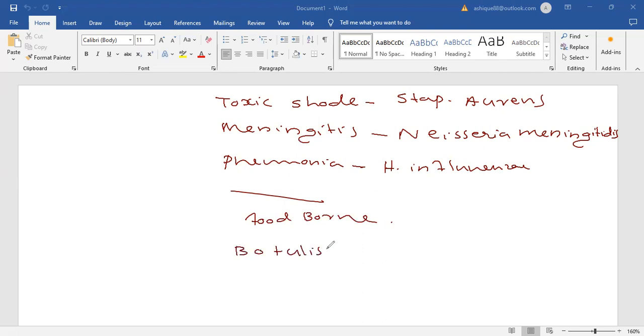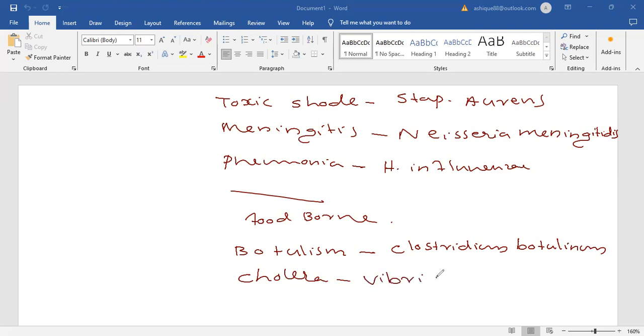Food poisoning, botulism, is caused by Clostridium botulinum. Cholera is caused by Vibrio cholerae.